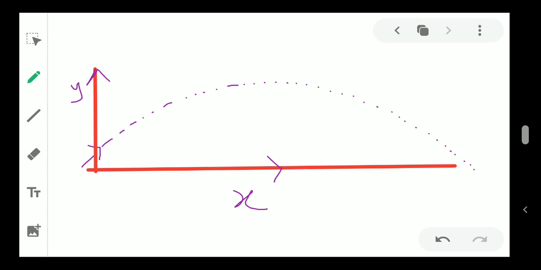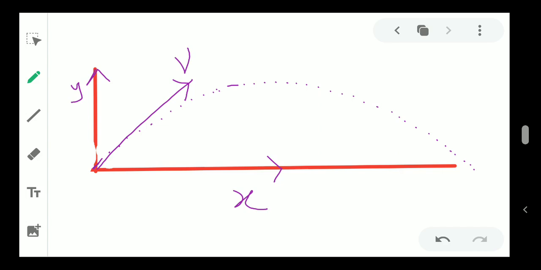Now if we do this whole thing considering only one vector, that is my total velocity, there will be so many problems for us to calculate all the things. So what we do is we split the components of this resultant velocity vector.